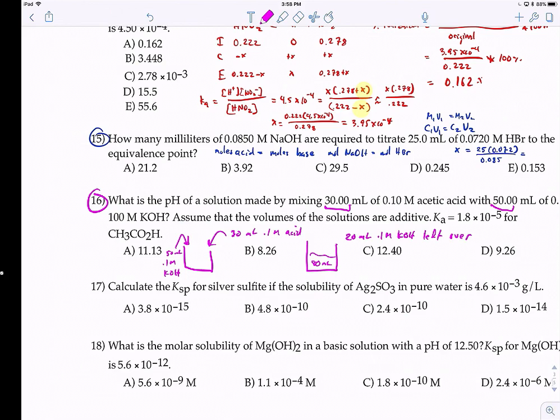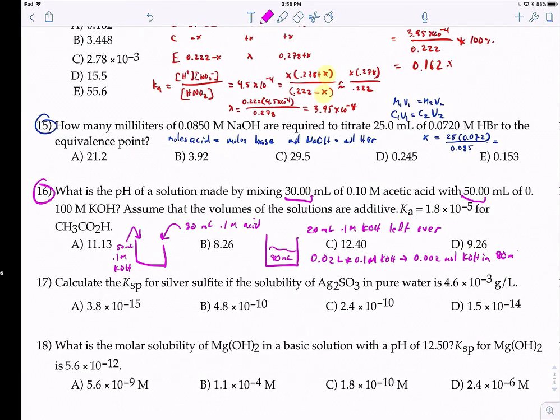What I'm saying is that the first 30 milliliters of potassium hydroxide is going to be consumed by the acetic acid, and you're going to have 20 milliliters left over, which means you have 0.02 liters times 0.1 molar KOH, which means you have 0.002 moles of KOH now in 80 milliliters of water.